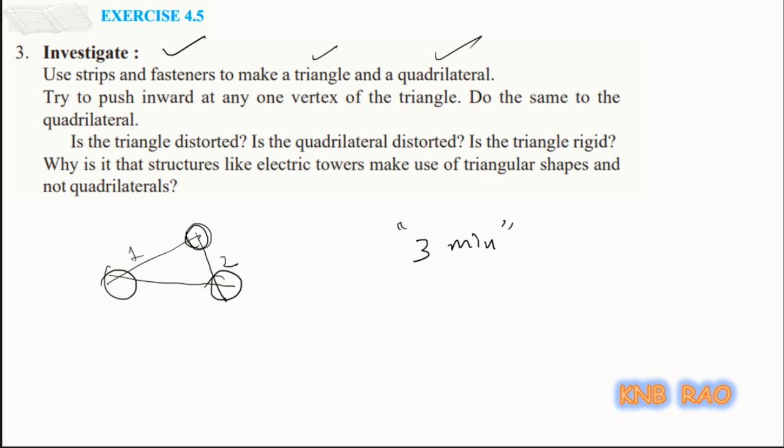Similarly, make the quadrilateral using 4 pencils or 4 straws, and check whether pushing inwards will distort that quadrilateral shape or whether it will give rigidness or not. So with the help of these 2 things, you can make an AV, audio visual aid, of maximum 3 minutes.